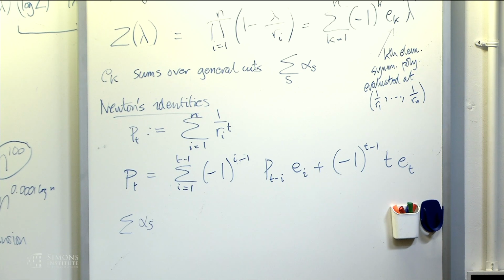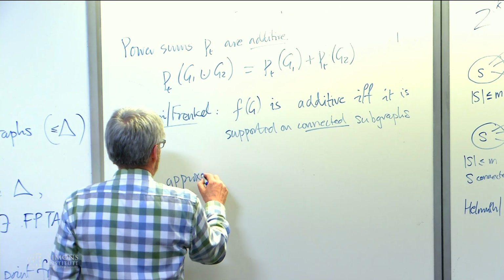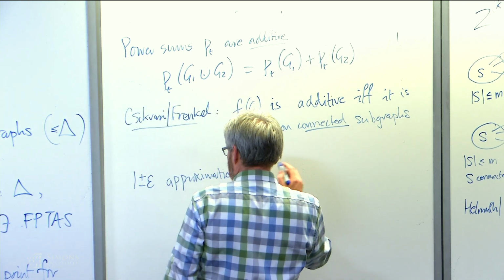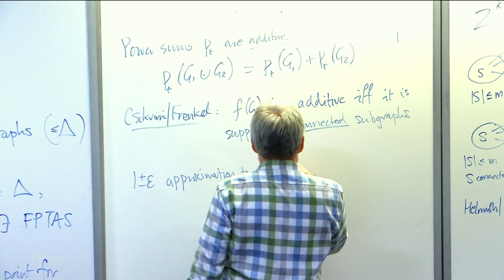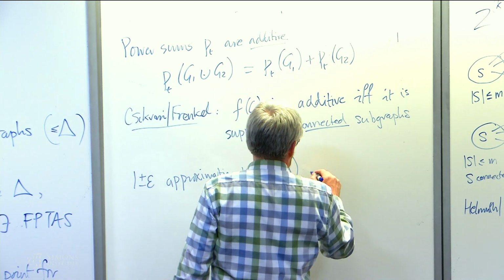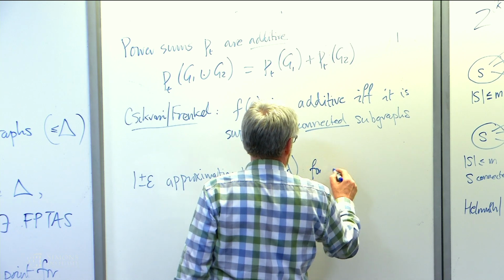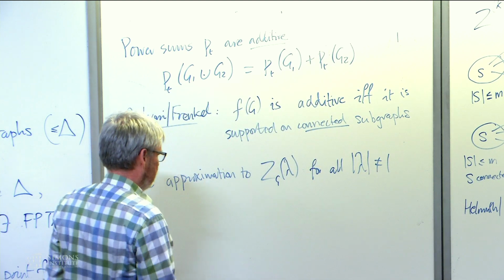So the bottom line from all of this is you get a 1 plus or minus epsilon approximation to Z of lambda for all lambda off the unit circle.